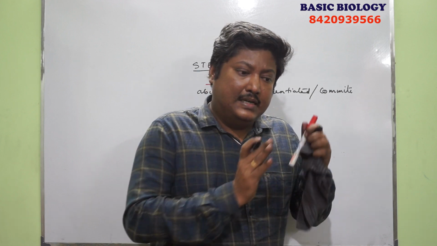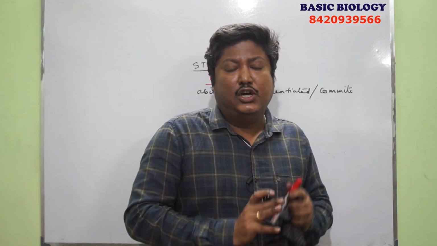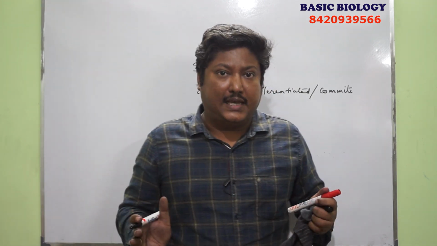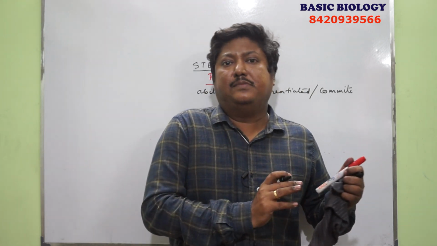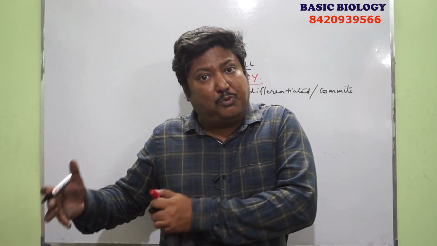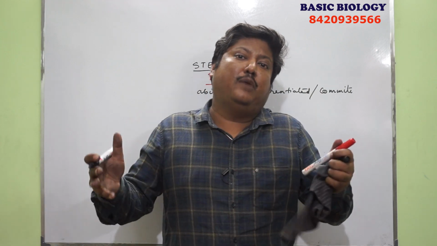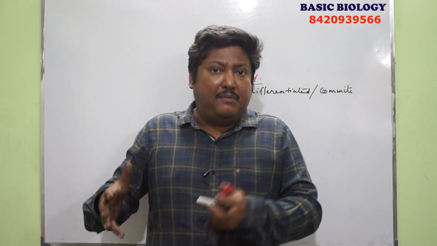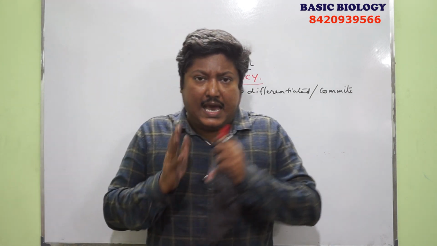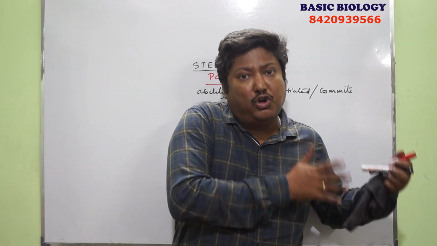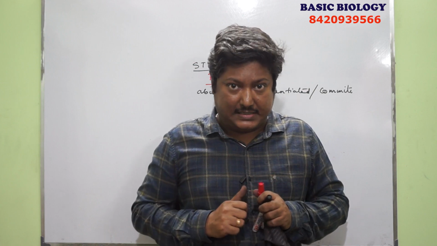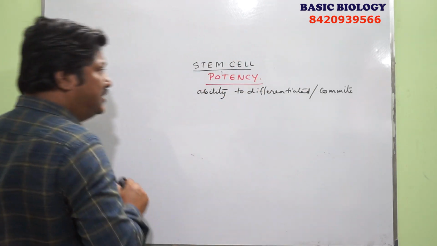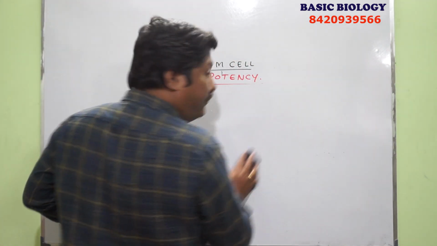For example, the zygote has the potentiality to differentiate into all types of cells, but the hemopoietic stem cell does not have that much potentiality to develop into different types of cells. Some have limited potentialities and some have much more in comparison to others. So on the basis of this potency, stem cells are of different types.